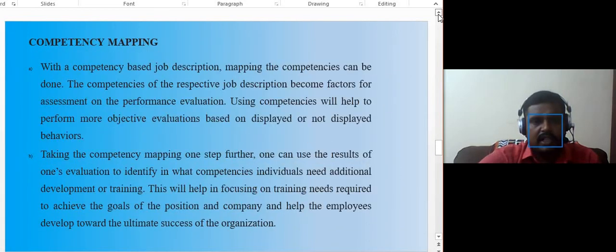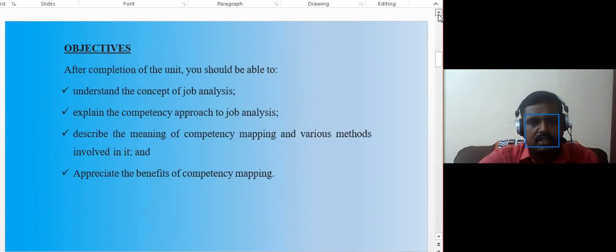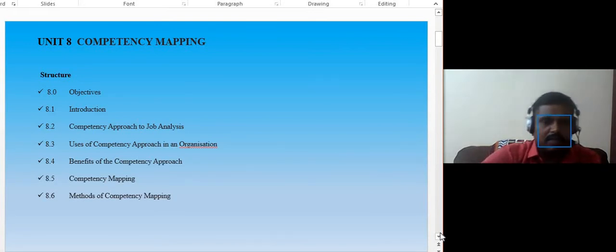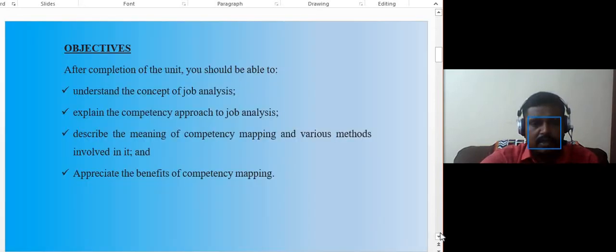So once again, we'll do the revision. Competency mapping starts from the objectives, the introduction, the competency approach to job analysis, the uses of the competency approach in an organization, the benefits of the competency approach, competency mapping, and methods of competency mapping.